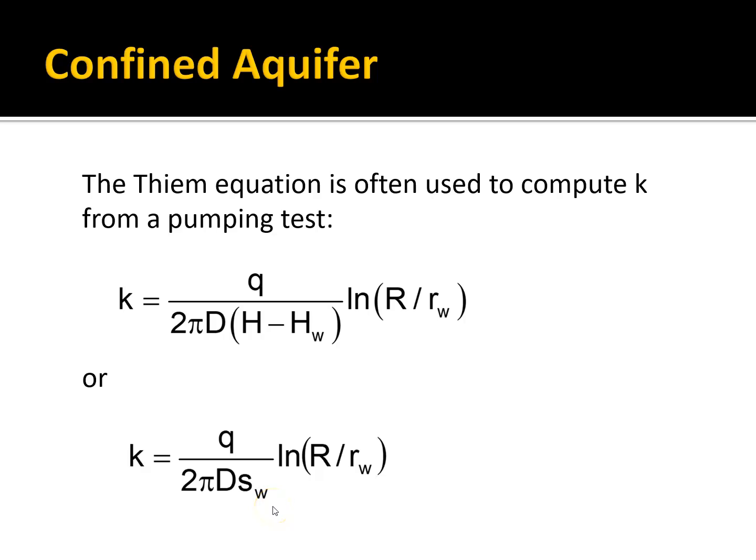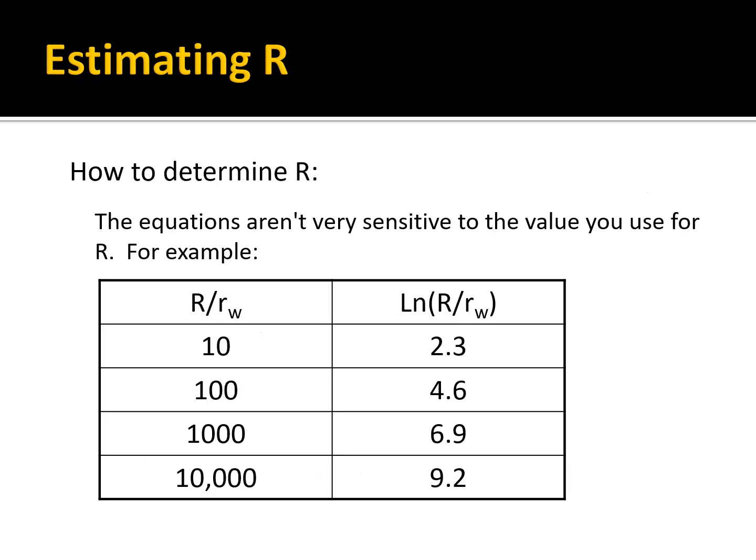Then you measure the distance down the well to the water, which is the SW, the drawdown at the well, plug this in, and you can calculate K. So this is a really commonly used method to estimate the average hydraulic conductivity of an aquifer based on a pumping test. It's just a really common thing to do for wells. You can back calculate the hydraulic conductivity. In fact, it's the most common way to measure hydraulic conductivity for a well, and it's all based on this equation.